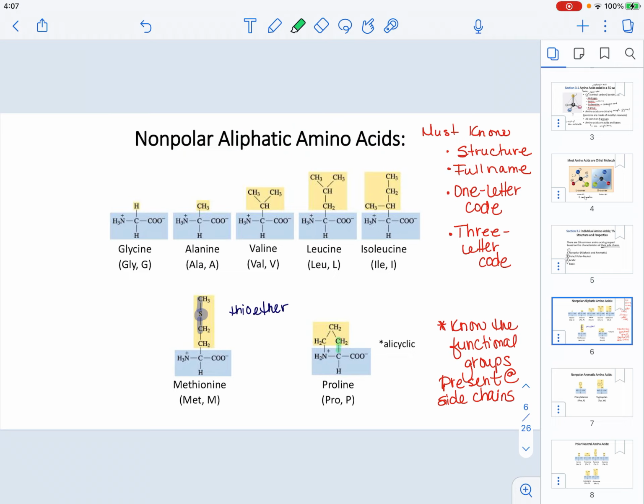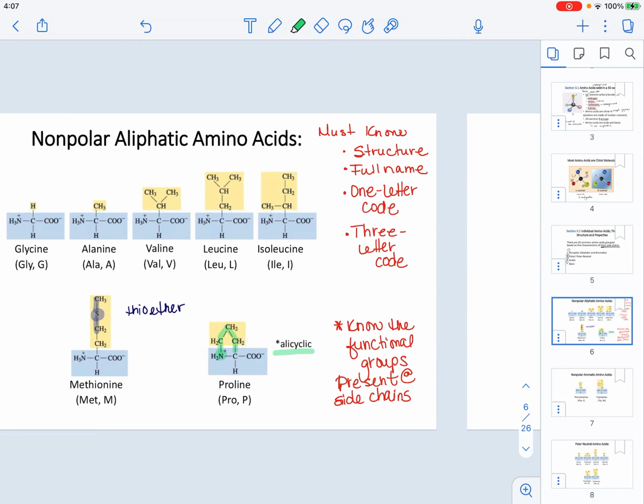As you can see, the R group, this yellow part, is actually bonded even to the amino group in it. Technically, that group is not called aliphatic because it's actually cyclic. So proline is specifically known as an alicyclic amino acid.